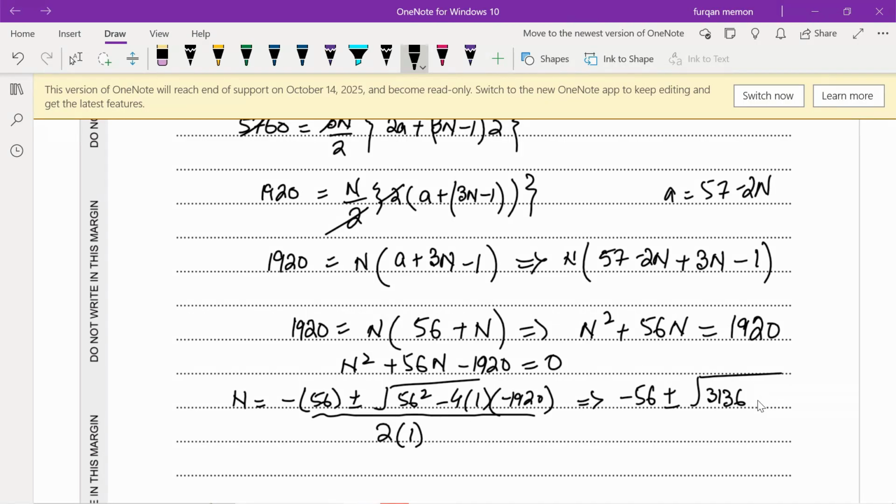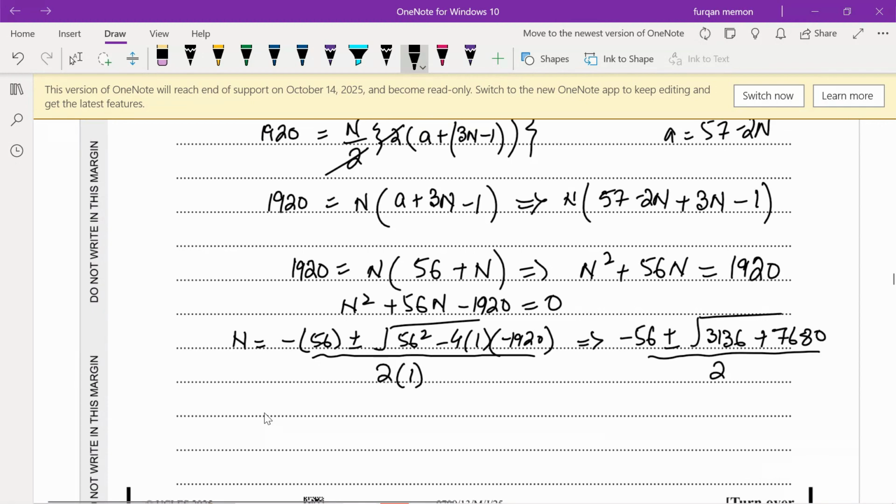So n equals negative 56 plus or minus the square root of 10,816, over 2.